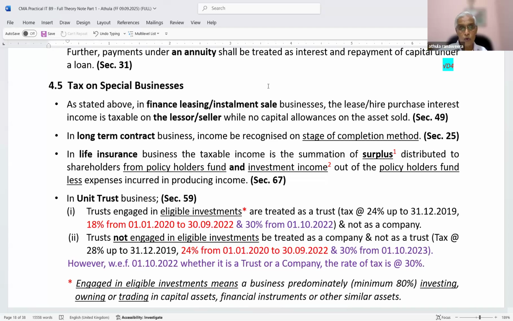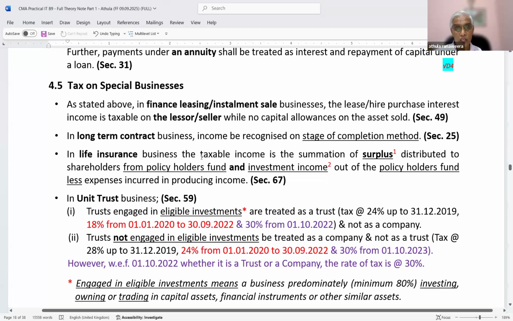Therefore, this is how that company should recognize the profit for their tax purposes. The business taxable income is the summation of surplus distributed to their shareholders, that is, the insurance company's shareholders, against what? From the policyholders' fund.